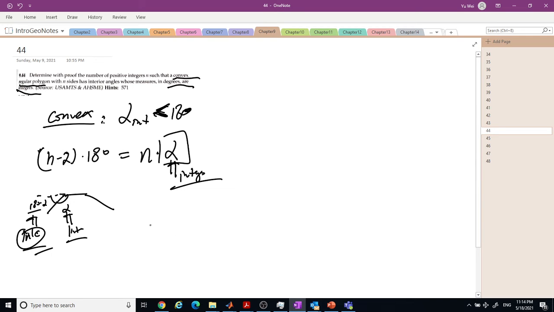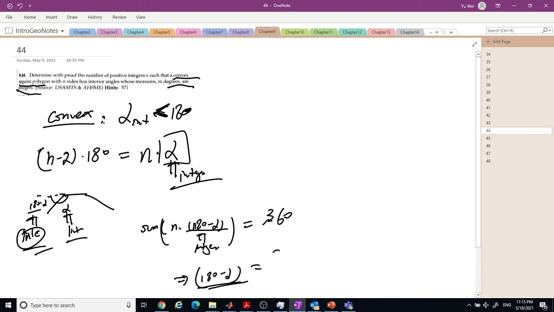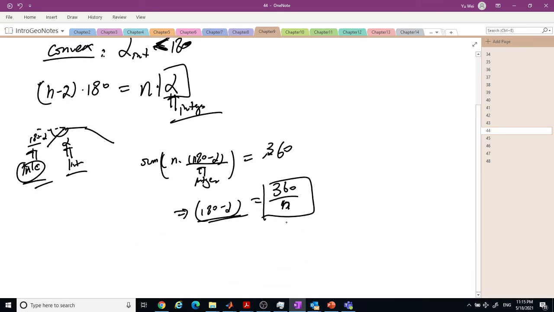The sum of all the exterior angles is n times (180 minus alpha), which is an integer, and is equal to 360. So 180 minus alpha is equal to 360 over n. Now we want to find n to make 360 over n an integer.